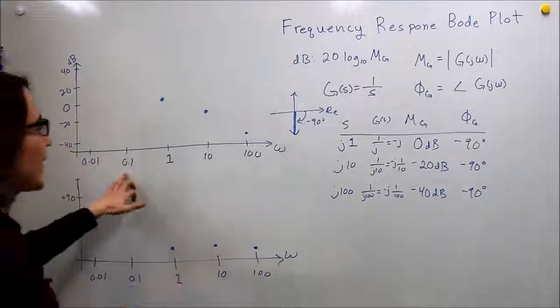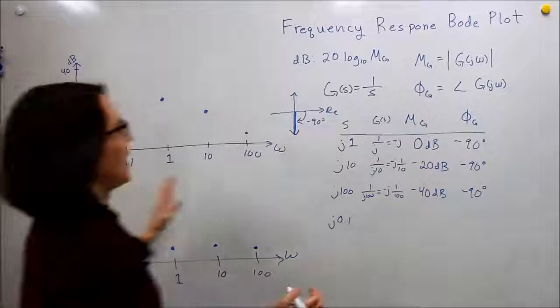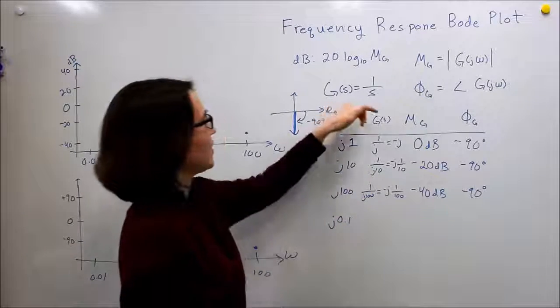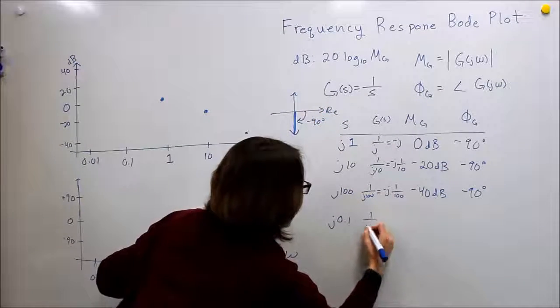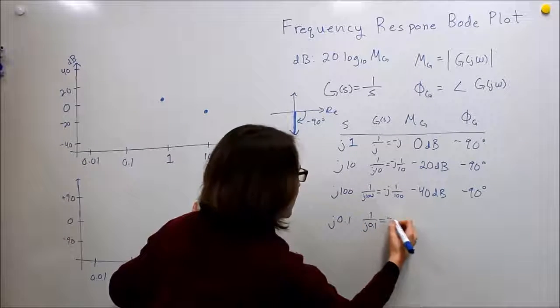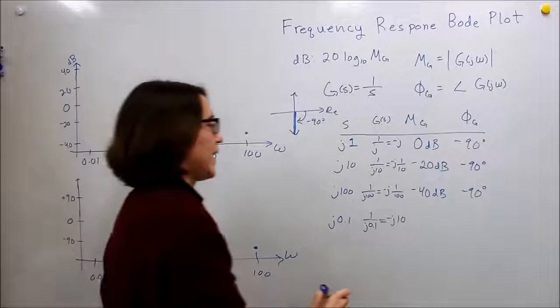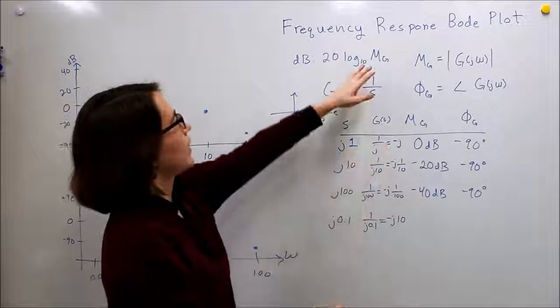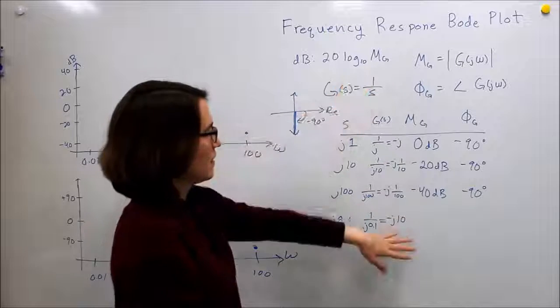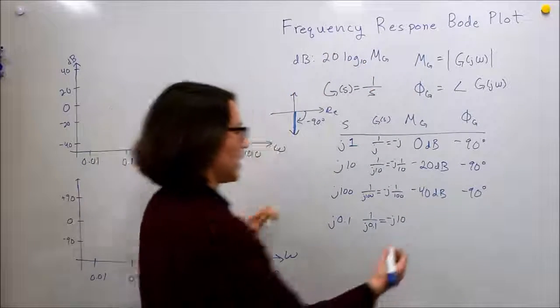So we'll do one more point. So j0.1, and we'll put that into our g of s. So 1 over j0.1. And this time, if we move everything around, we've got negative j10, right? Because 1 over 0.1. And when we put that into our log equation, this time we're going to get log of 10 is 1 times 20 is 20 dB.